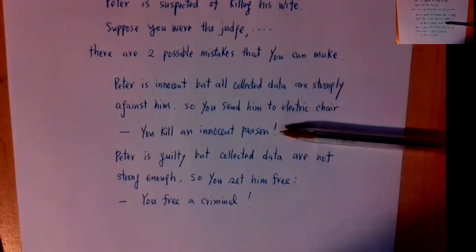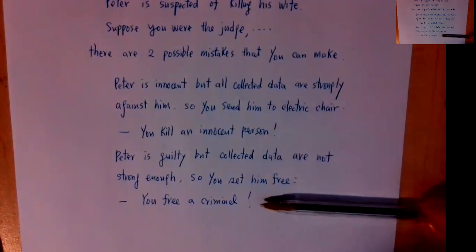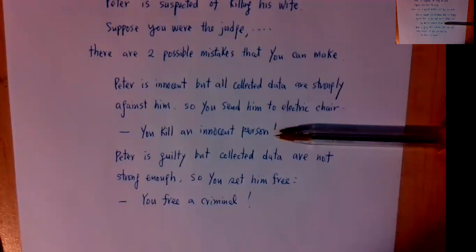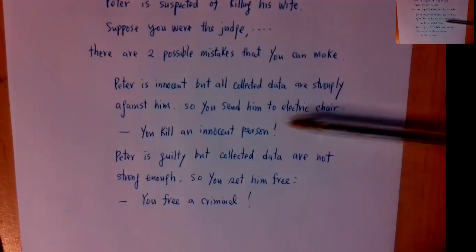So that's why, coming back to our early talk, you look at these two mistakes and you ask yourself, which one is the more serious mistake? And you're going to find a way to minimize the chance of making the more serious mistake. Say, if you are a kind person, just like Scott, you think killing an innocent person is a more serious mistake. You choose this one as the more serious mistake. Then this one should be your type 1 error.